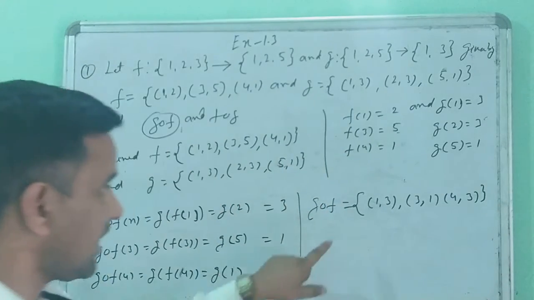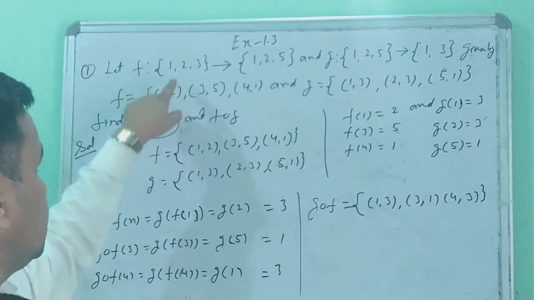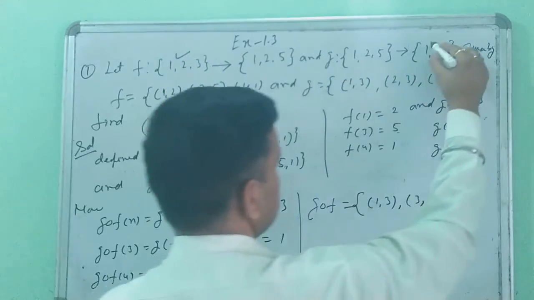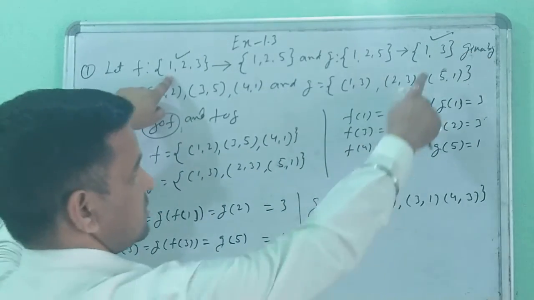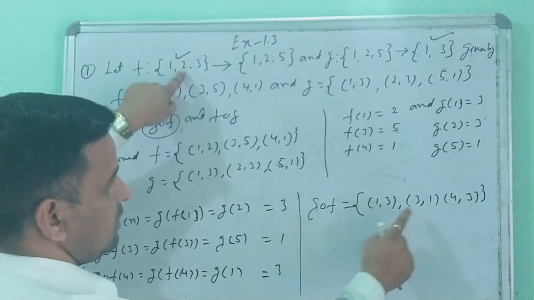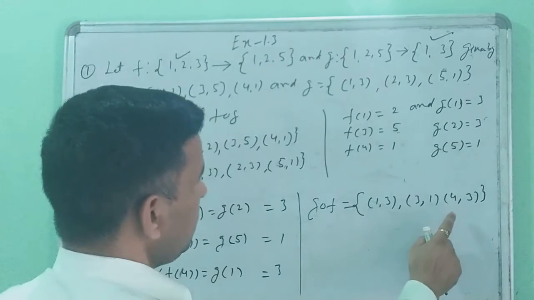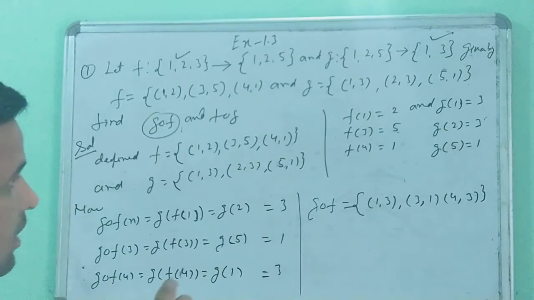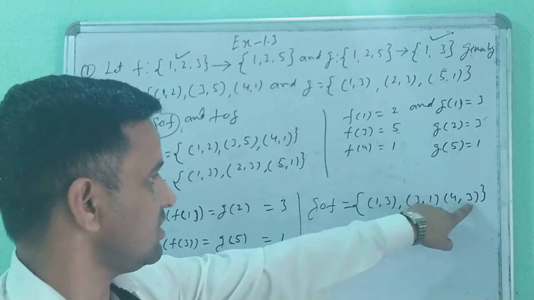This is the result directly from A to C. What is the meaning of gof? The relation of A to C means this portion has a relation to this portion. It means 1 has the relation to 3, 2 has the relation to 1, and this 3 has this 4. 4 has the relation here through f(4) values. Then for f(4), 4 has the relation 1, and 4 has the relation 3.